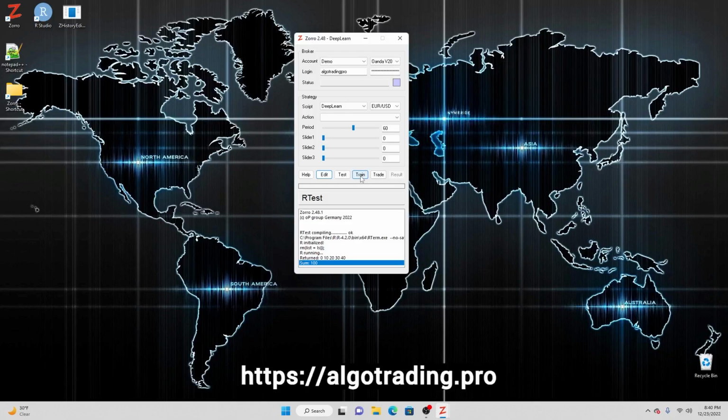Basically, once we hit train, Zorro Trader is sending a request to R to create and train a deep neural network based on the historical data that Zorro is providing to R.